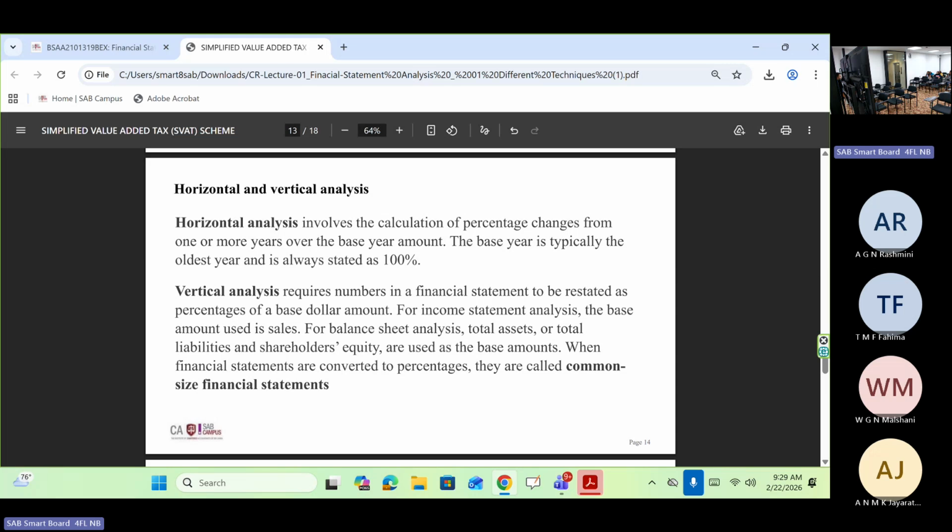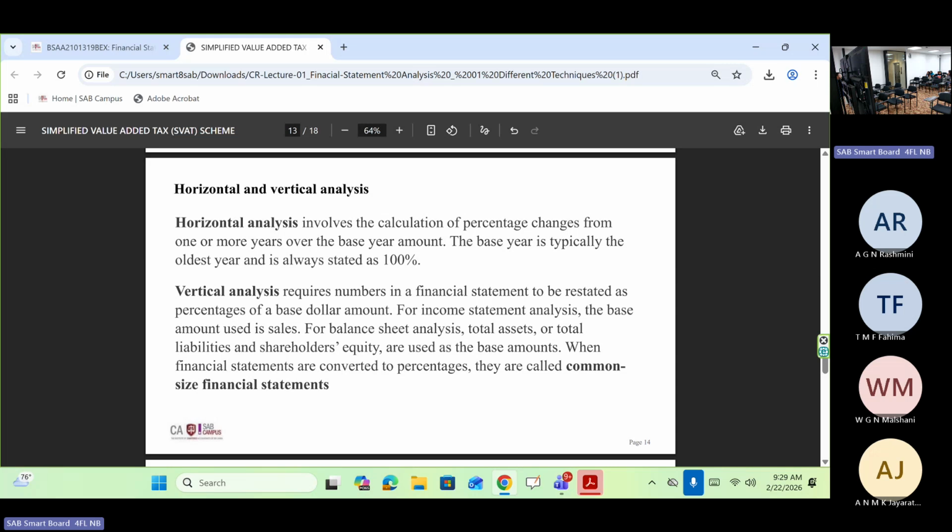Calculating gross profit is a vertical analysis. You are getting revenue and gross profit from the income statement. Same statement, you are going this side. You are going vertically.